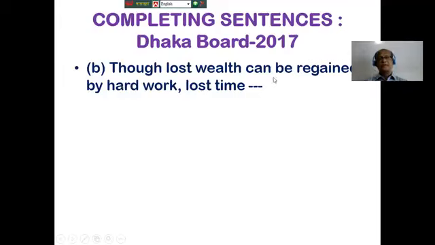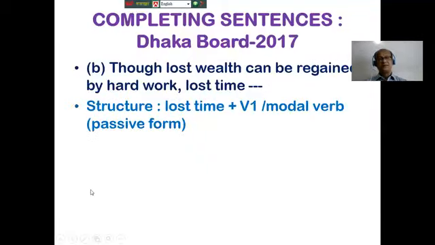So since it is affirmative, naturally we can guess the next part should be negative, otherwise they cannot present 2 opposing ideas. So the structure can be lost time plus verb 1, modal verb, because the first subordinate part, the part with though, contains a modal verb can. So the rest part should follow the same structure.